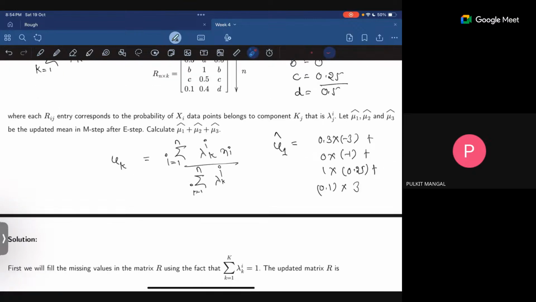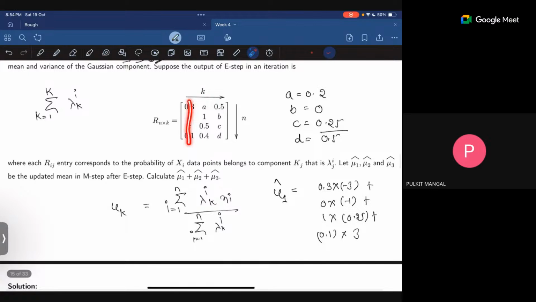Okay, so this is your numerator, and the denominator is just the summation from all these, so that is the summation of this one column.